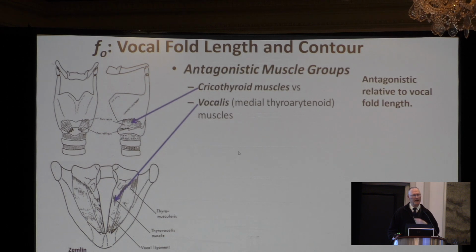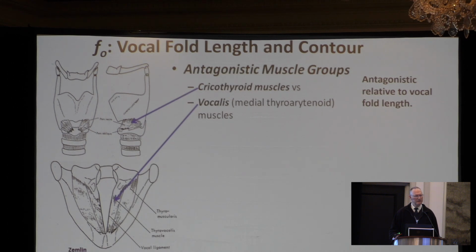Now, one of the main aspects of fundamental frequency is the vocal fold length, as Dr. Sadloff mentioned. So let's talk about the length and contour a little bit. One always must think in terms of antagonistic muscle groups, from a clinical point of view, from a research point of view, from a vocal training point of view.